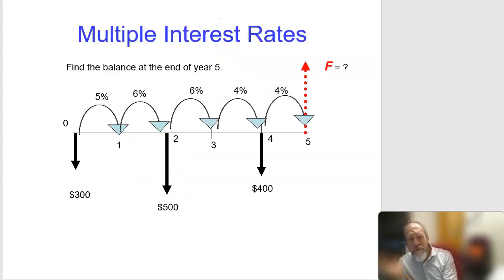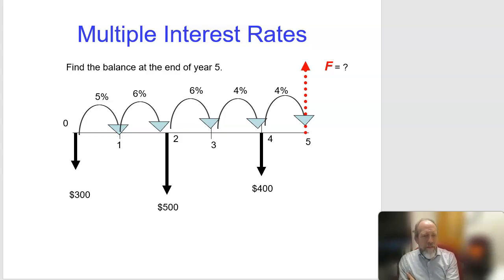Now, what about if you have different interest rates over time? Well, again, you just calculate them individually. You could do it with an annuity, but in this case you can't because it's not a series, so you just adjust for the specific interest rates.